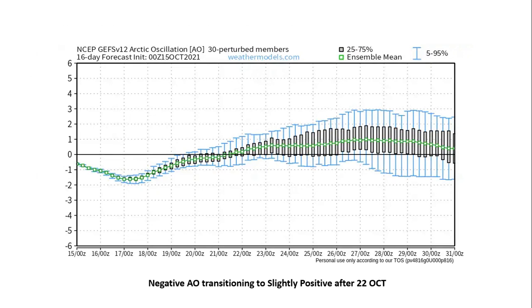Looking at the NCEP GEFS V12 AO 30 perturbed members model, showing the AO negative and eventually working its way towards neutral around the 21st of October, generally working its way to positive territory after the 22nd of October.